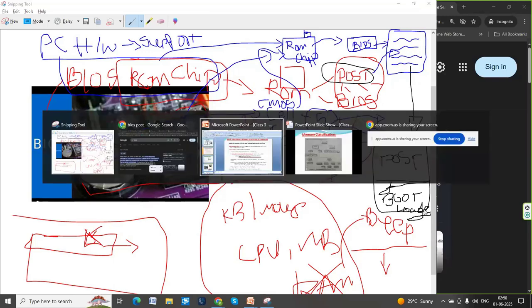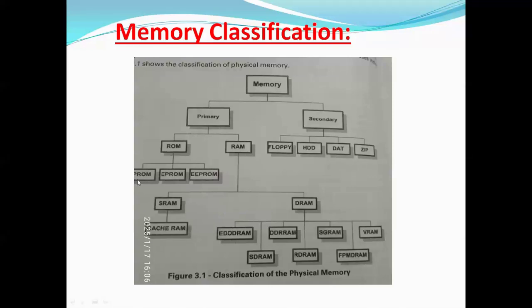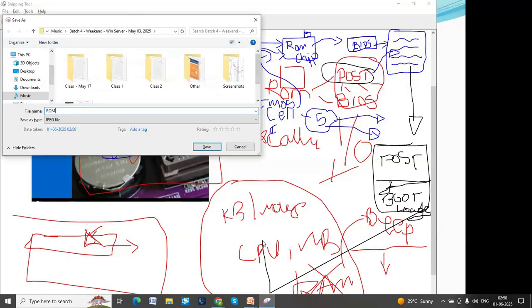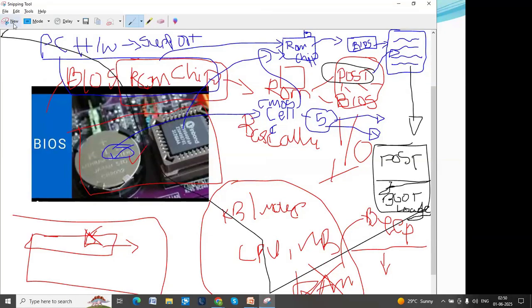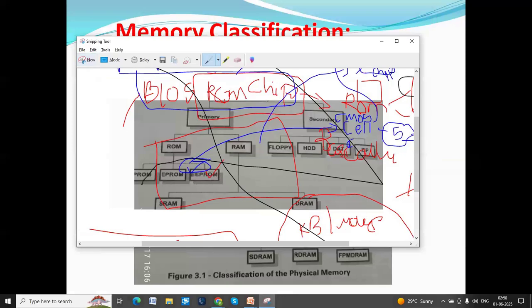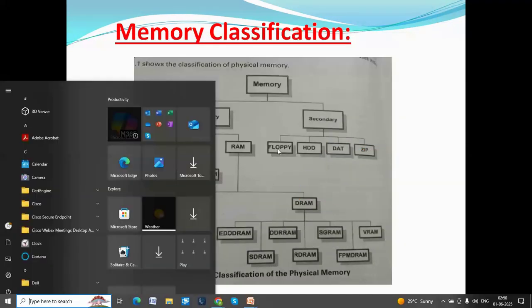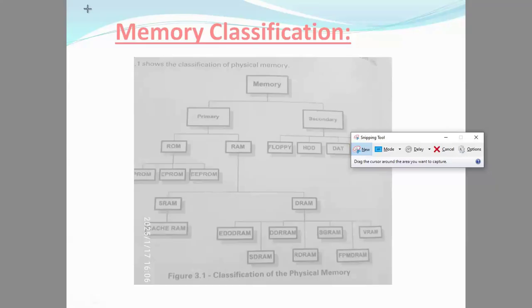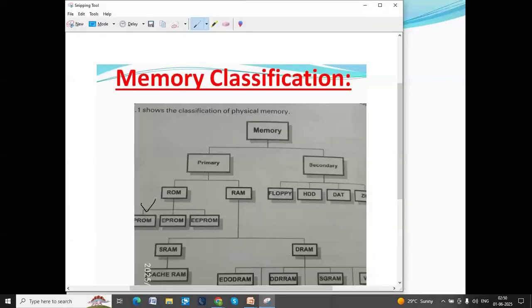Initially, the types of ROM come with PROM, programmable ROM, erasable ROM, electrically erasable ROM.